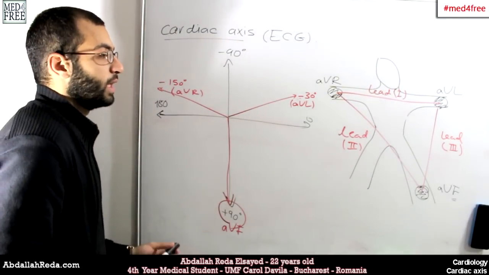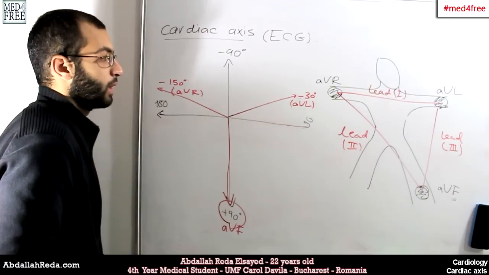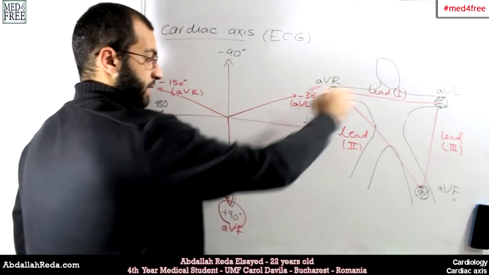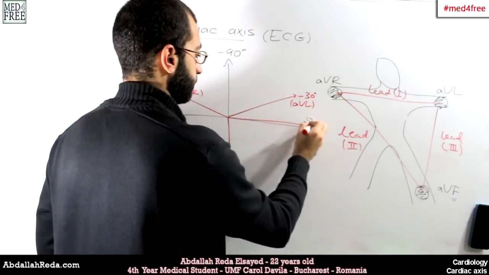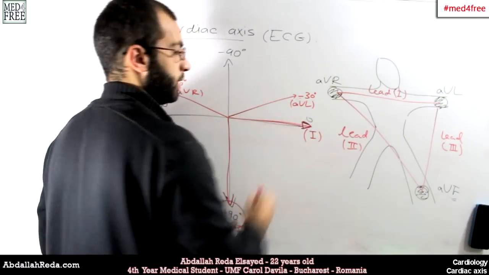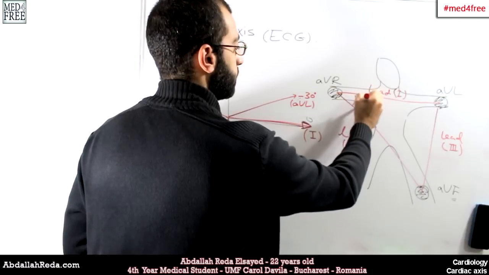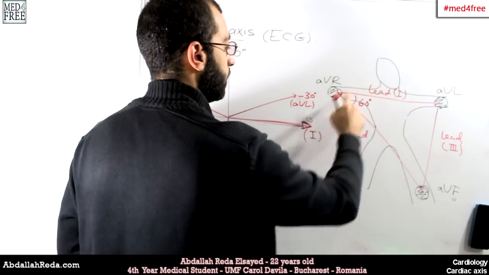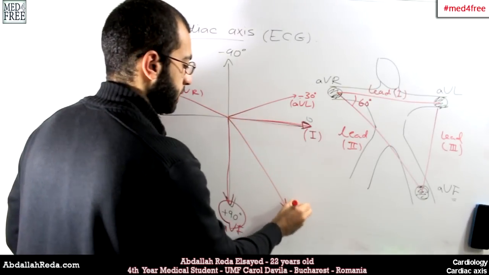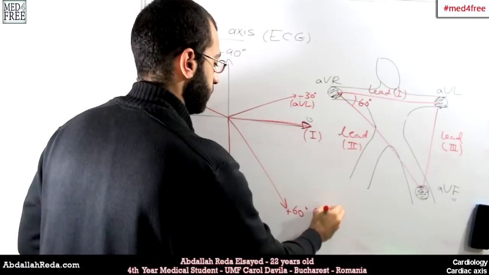And then we have lead 1, 2, and lead 3, the bipolar leads. Lead 1, as you can see, is on the x-axis, so at 0 degrees, we have lead 1. Lead 2 makes 60 degrees with lead 1, so lead 2 will be at positive 60 degrees.